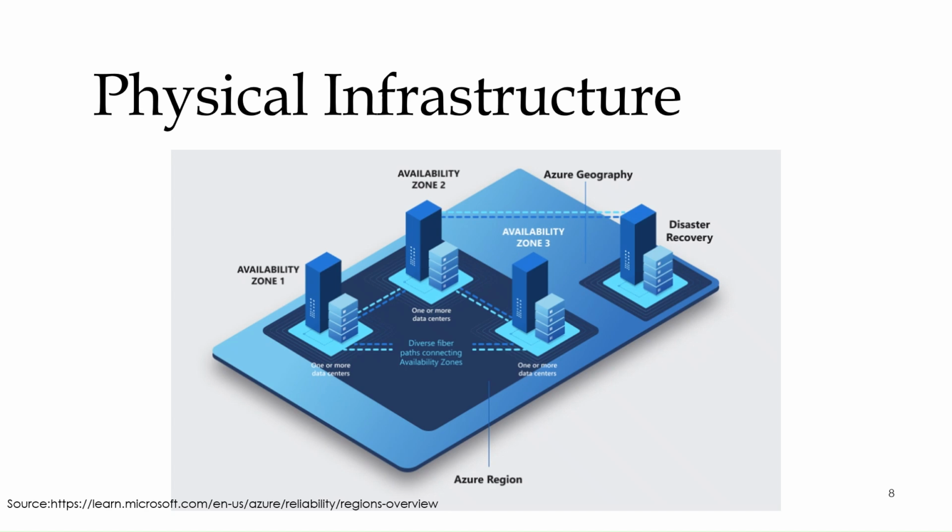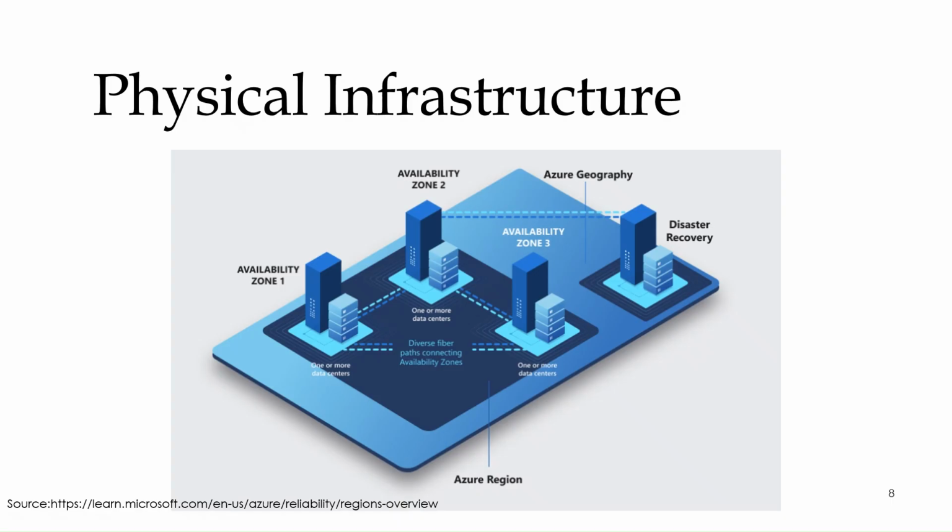As I mentioned, data centers are grouped under regions and availability zones. So now let's talk about region and availability zone. When you deploy a resource in Azure, you will often need to choose the region where you want your resource deployed. You want to ensure your services and data are redundant so you can protect your information in case of failure.